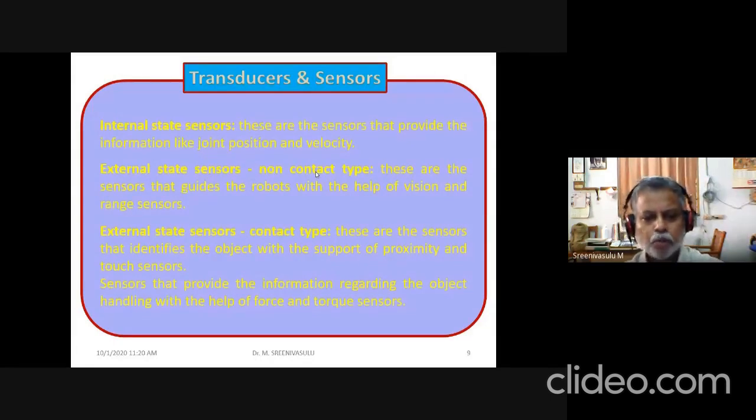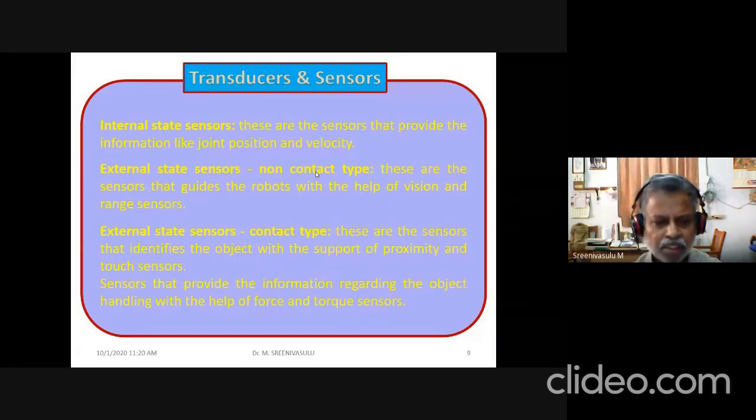They provide information like joint position, angles, and the velocity with which the joint is made to move. These position and velocity sensors, which give information with respect to the joint, are referred to as internal state sensors.